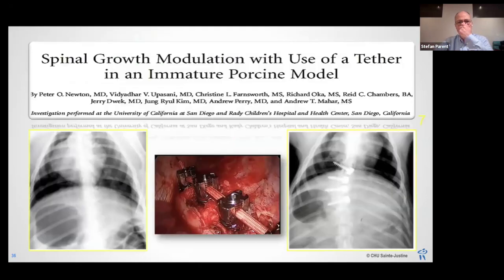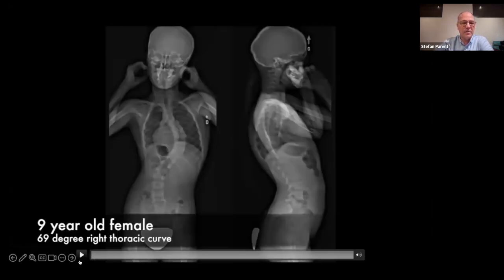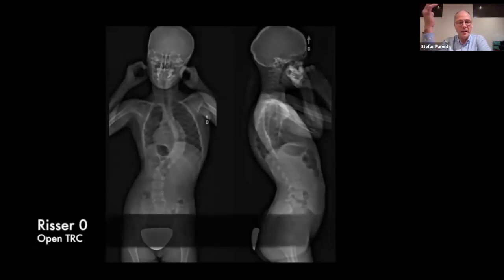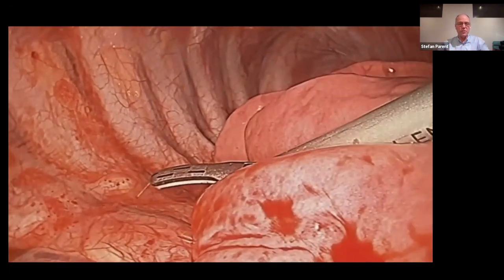So really, this has been done through different years of experimentation in animals, where we were able to induce scoliosis in different models. Peter Newton worked really hard on this, and Feroz and I trained with him, so we did some of these surgeries. But the idea now is that you can have this young patient that came in with a deformity, juvenile scoliosis, open triradiate cartilages with a high risk of progression, which I would have treated normally with an anterior and posterior spinal fusion.